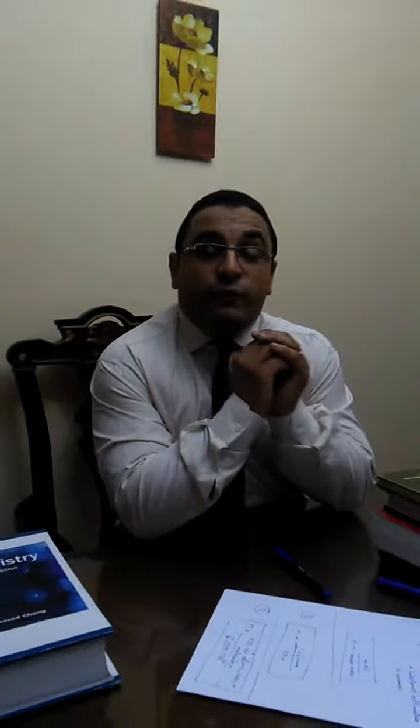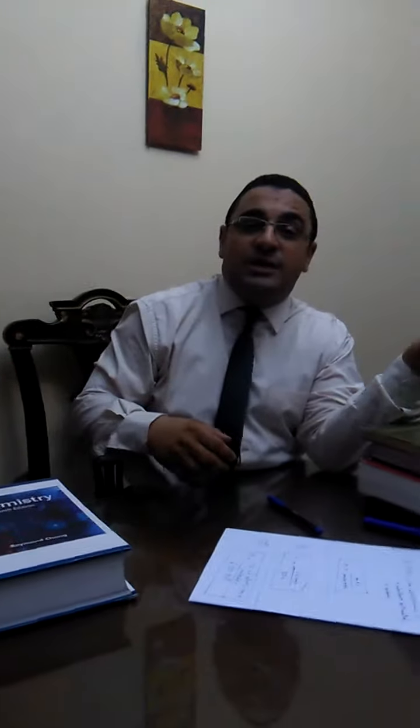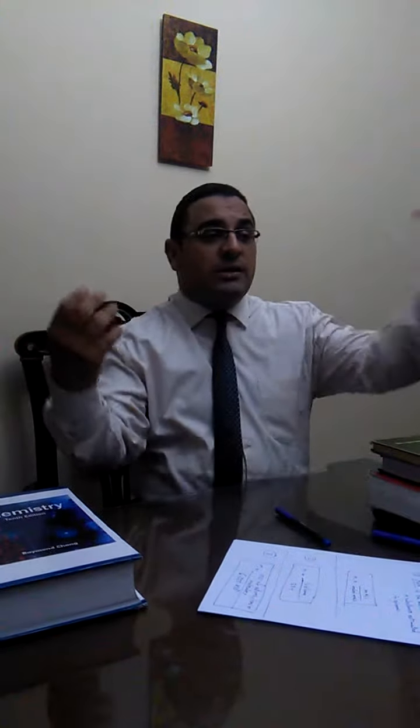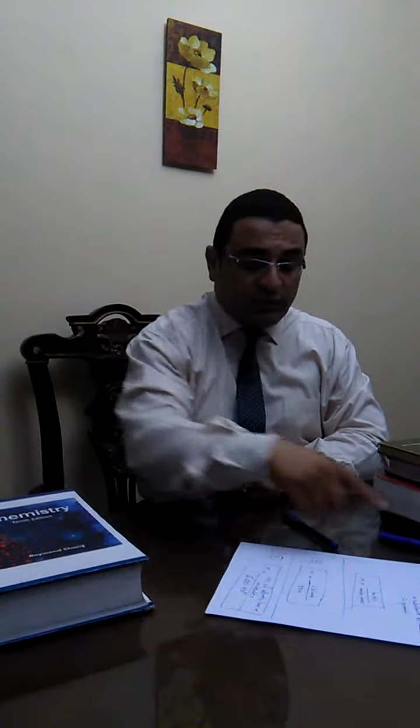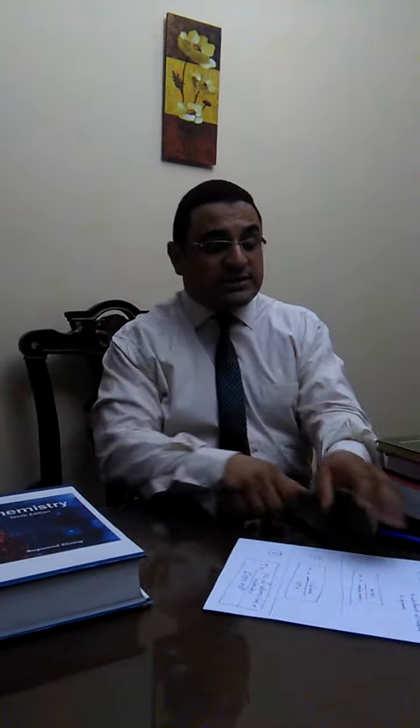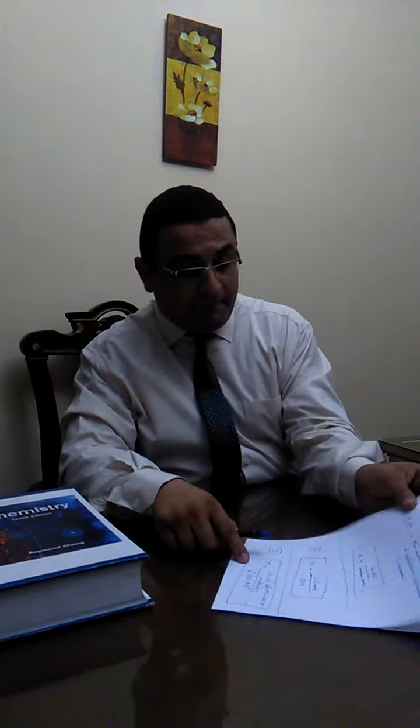Now, what can we do if we are going to calculate the volume and we know the mass? What can we do if we are going to calculate the number of atoms and we know the mass? What's the relation between mass and number of atoms, or mass and volume? To do this, we have to move through the 3 rules. So we can use this method, which is called the bridge.